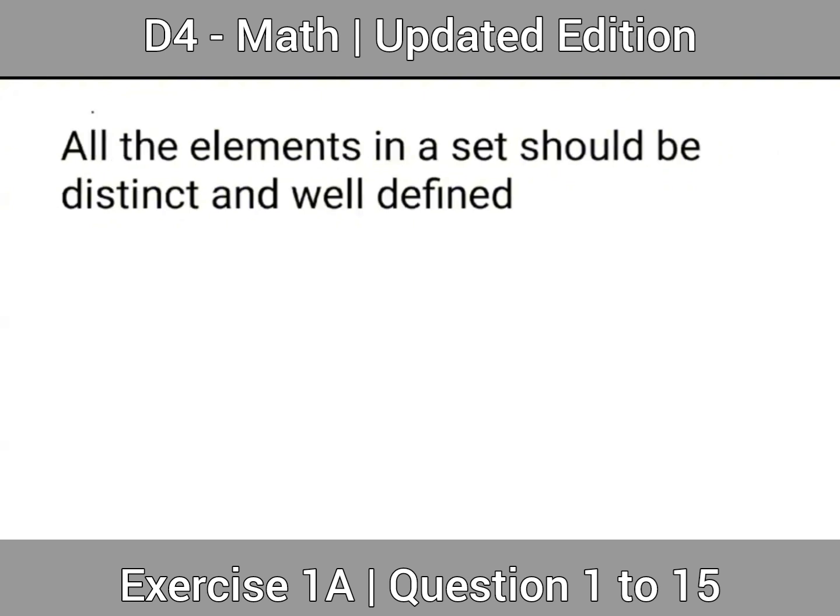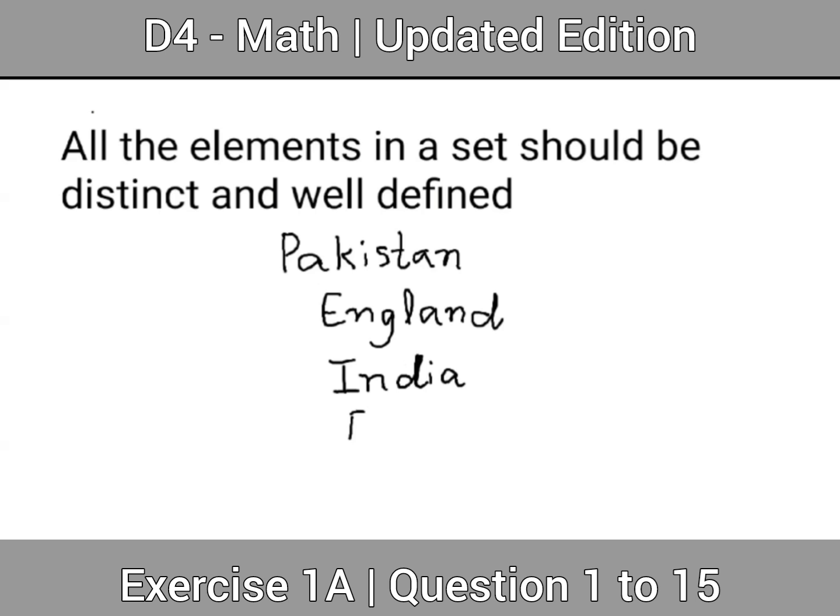Before moving forward to the ways to write a set, we will first understand the statement "all the elements in a set should be distinct and well defined" through an example. So let's try to list down the cricket playing nations: Pakistan, England, India, Brazil, and so on.